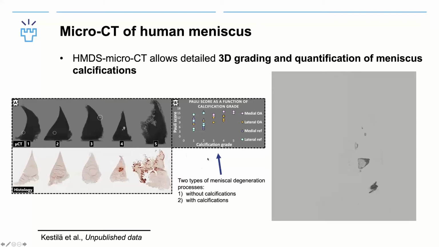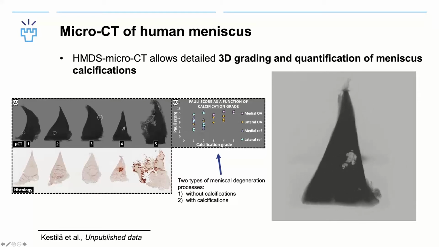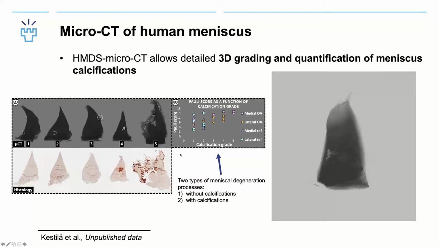But what we did in this is truly new data that came out a couple of weeks ago. We graded the calcifications from these meniscal samples, and we looked at how the calcifications behaved as a function of overall osteoarthritis, and this was a really interesting finding, because it seems, based on this preliminary data, that there are two types of meniscal degeneration processes.